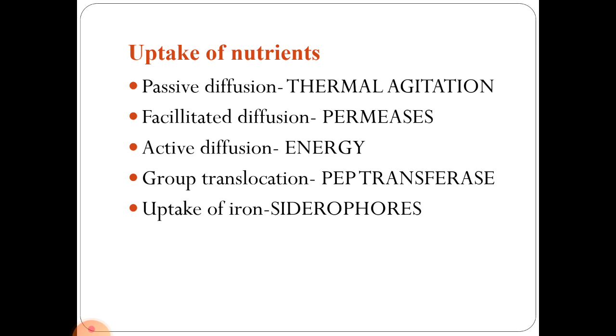Group translocation, wherein simultaneously more than one nutrient or hydrogen ions are translocated into and outside of the cell. And a good example of group translocation is PEP transferases. And the fifth mechanism is uptake of iron using siderophores. Thank you.